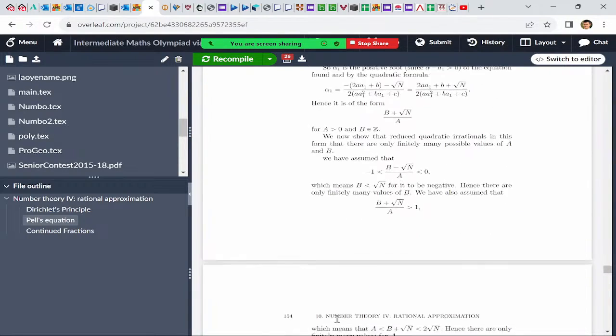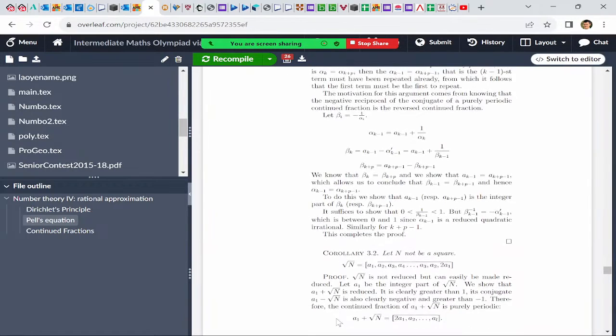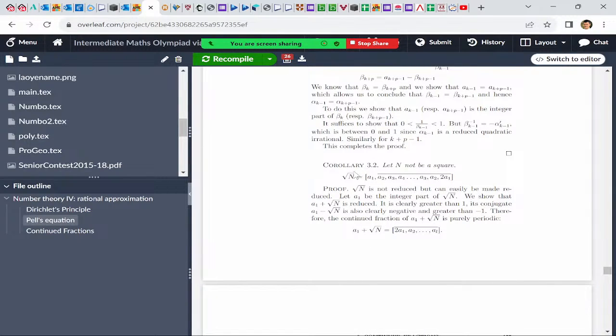So let me highlight this a bit more. If you have square root n, the continued fraction for square root n looks like this. It starts off with the integer part, and then it goes a2, a3, a4, and then it goes back down to 3, 2, 1.